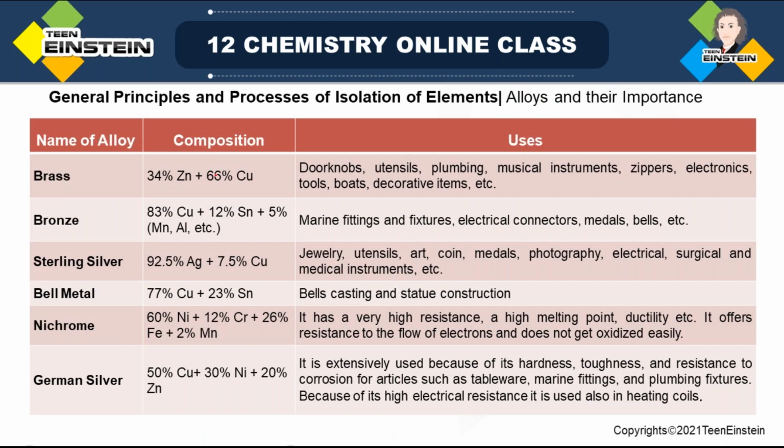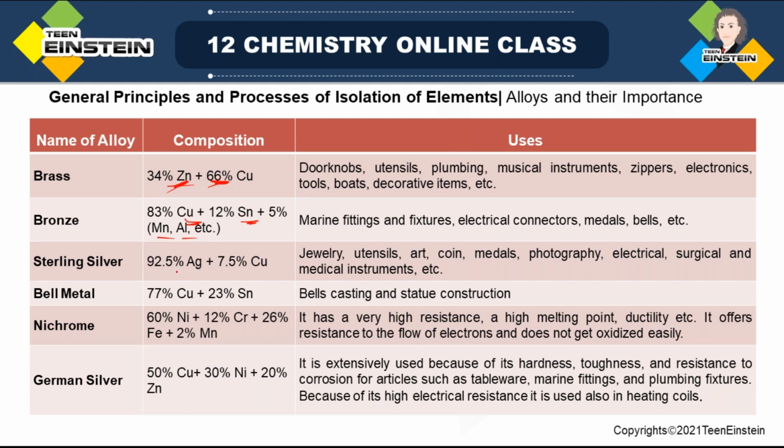Brass. So in brass almost 2/3 part is copper, and 1/3 part is zinc. Then bronze, which is mainly made of copper, but tin and 5% of Mn, aluminium are also present.